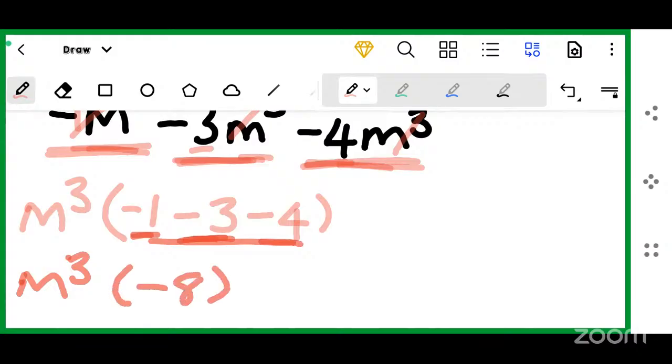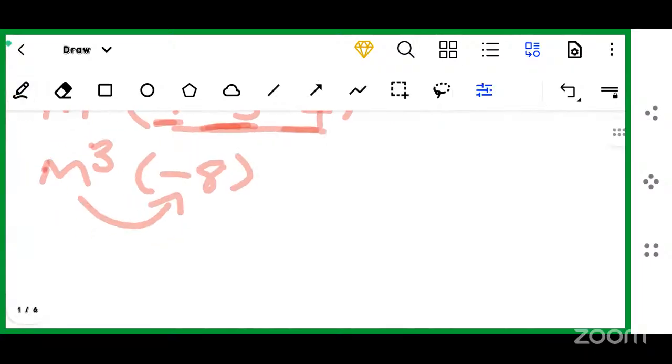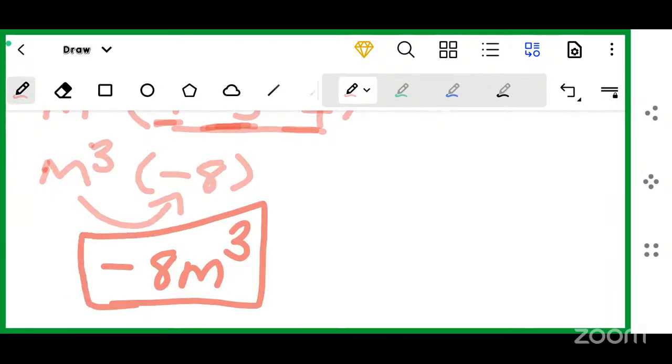Then you open the bracket, so you're just going to say m to the power of 3 multiplied by negative 8, and then you have negative 8m to the power of 3, just like this. Are you clear there?